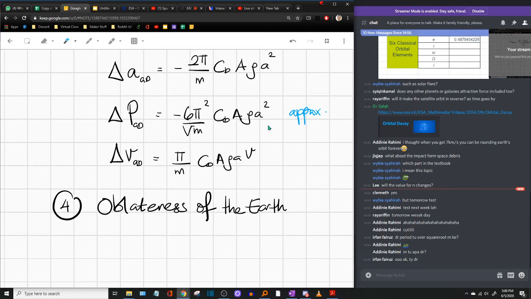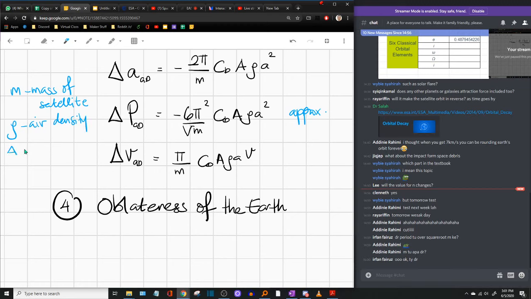What is M, doctor? M is the mass of the satellite. Rho is the air density at that point.